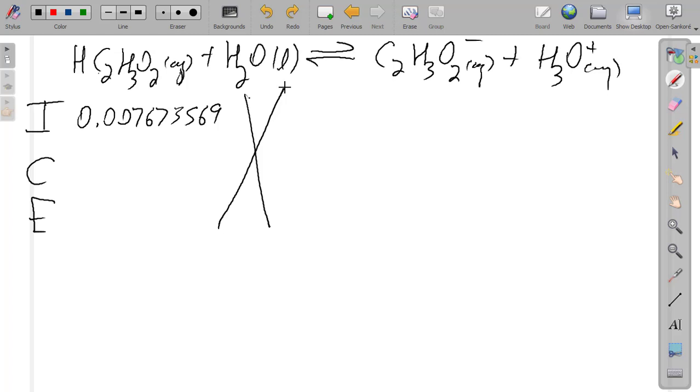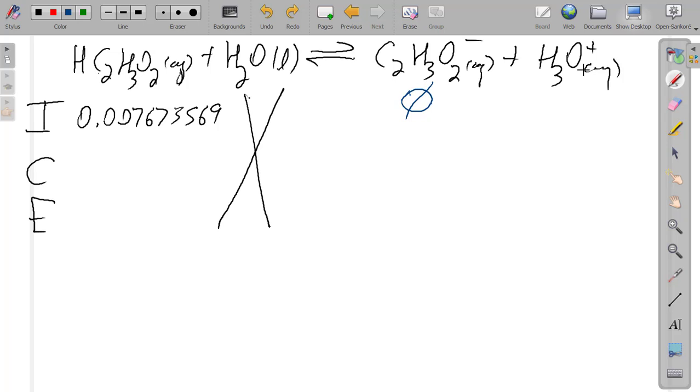Now, because we're putting the acetic acid into pure water, the initial concentration, by logic, right? By logic, what is the initial concentration of acetate? If it was pure water to begin with and we put acetic acid into it, initially there had to be 0 of this. And how much hydronium existed?